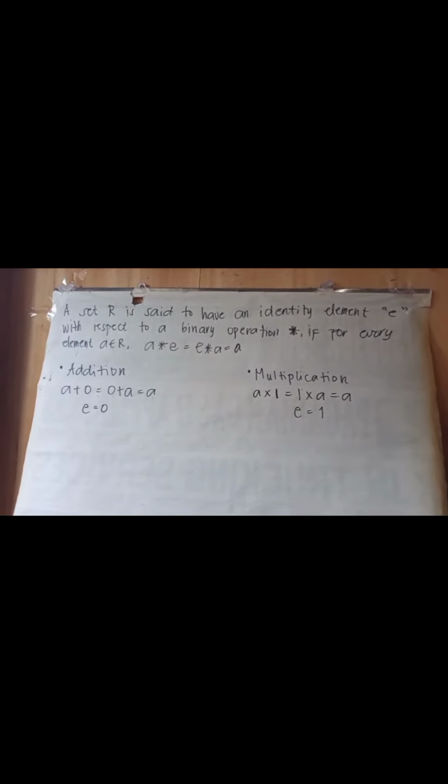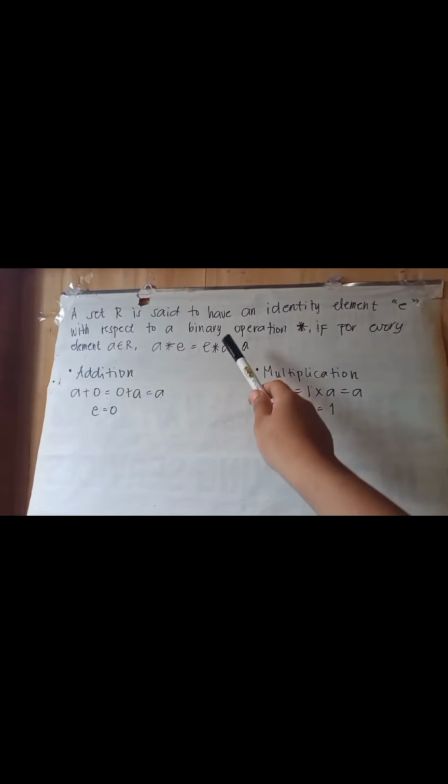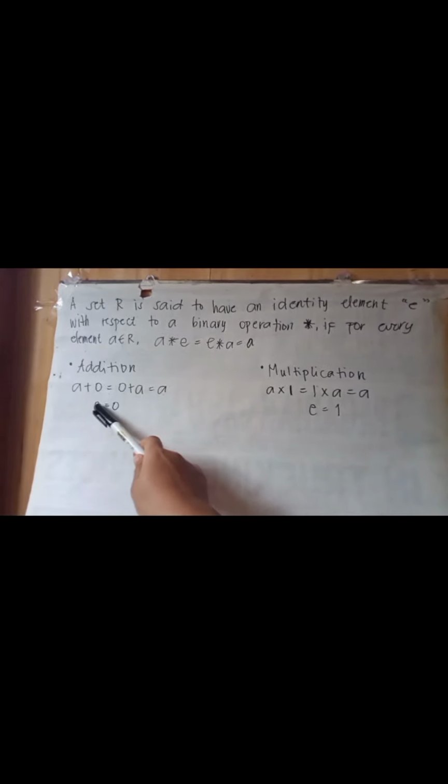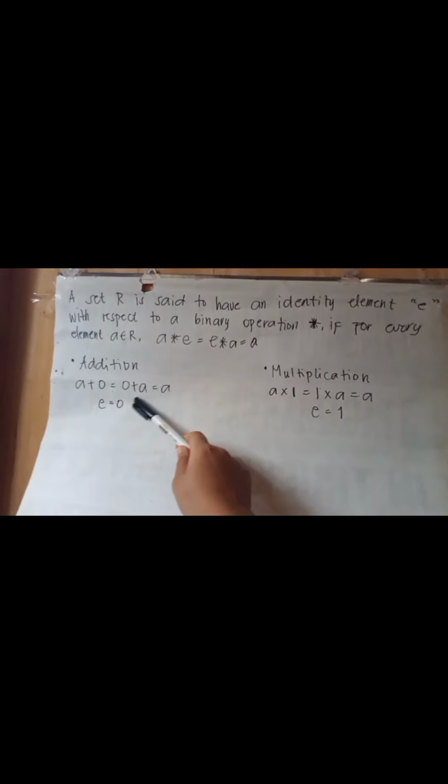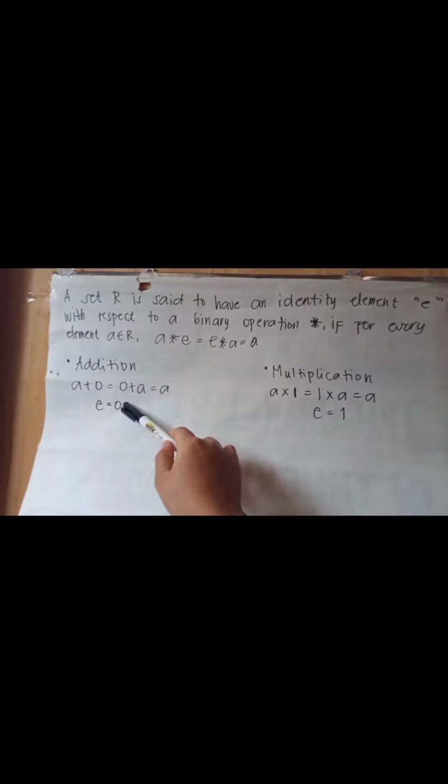So, for every binary operation, what we are trying to say is that if an element in a set R is combined with the identity element through the binary operation star, the result is still A. So, for addition, A plus 0 equals 0 plus A equals A. So our identity element here is 0.